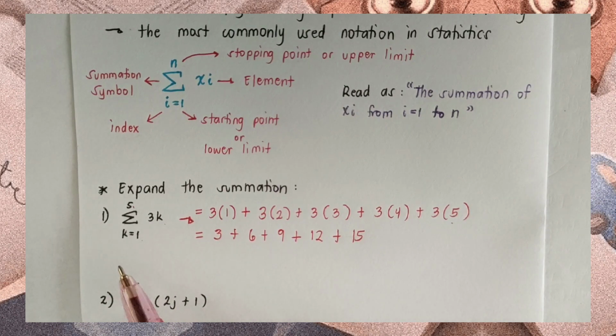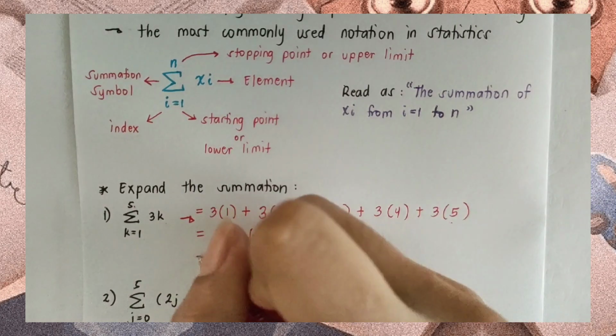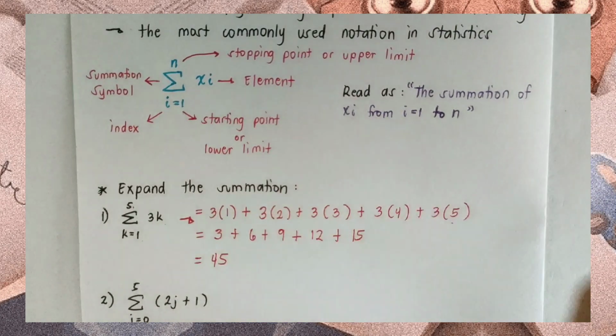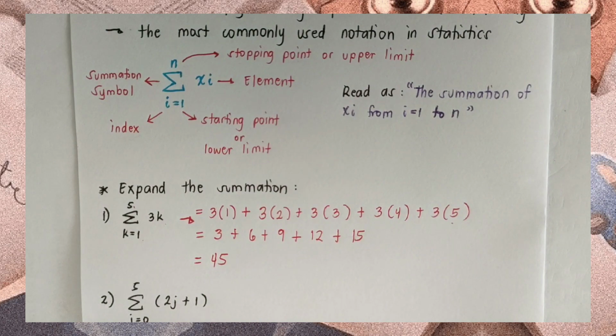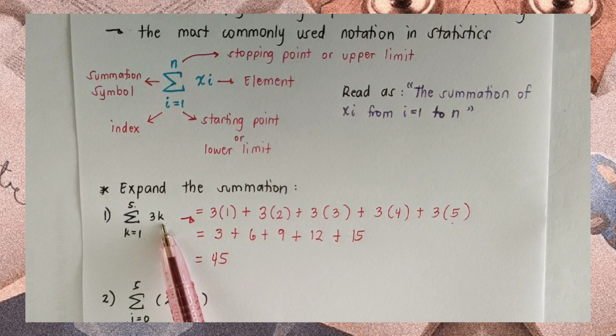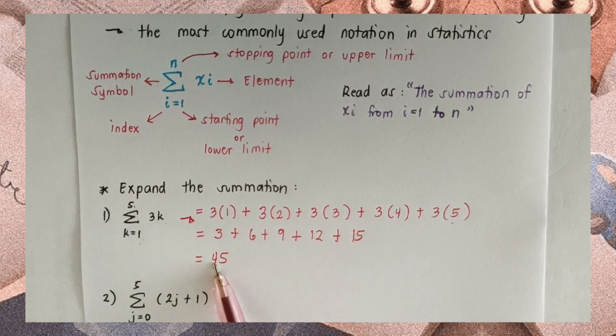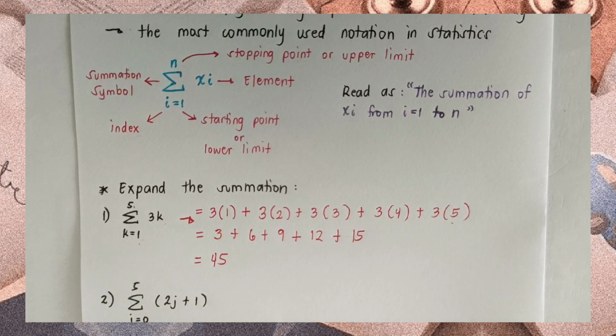But if we were asked to get the sum, then we will just add the following. So we have 3 plus 6 plus 9 plus 12 plus 15, that is 45. So if we read again the given, the summation of 3k from k equals 1 to 5 is 45.